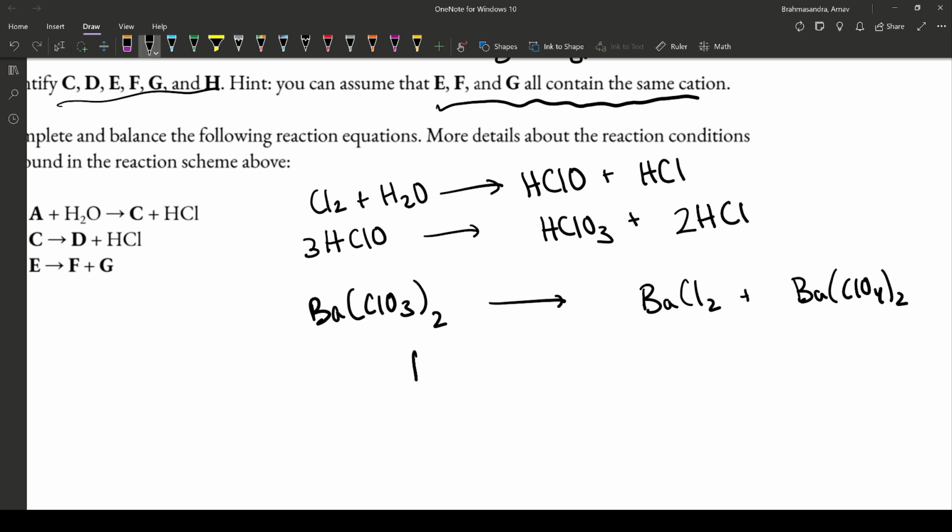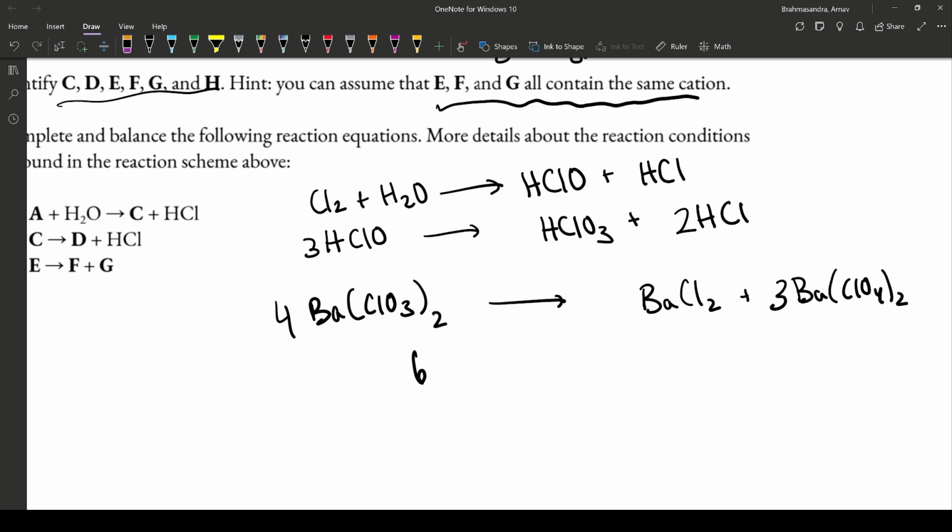We have 6 oxygens here, and 8 oxygens here, so we want to find a common multiple. If we have 4 here and 3 here as our coefficients, you can see that we balance our oxygens. We found this common multiple of 24. With those coefficients, we balance our oxygens.